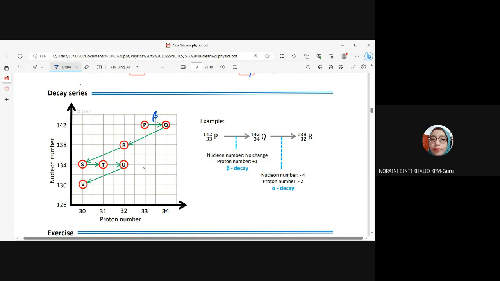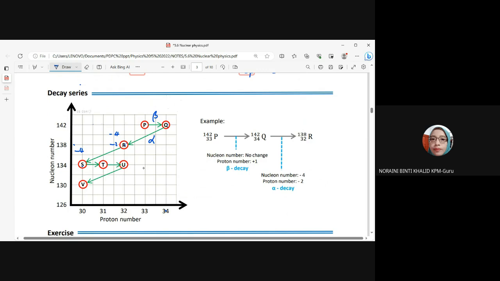And then from Q to become R. 142 become 138. Dia punya nuclear number minus 4. And then dia punya proton number 34 become 32. Also minus 2, meaning 1 alpha release here. And then R 138 become 134, also reduce 4 for nuclear number.